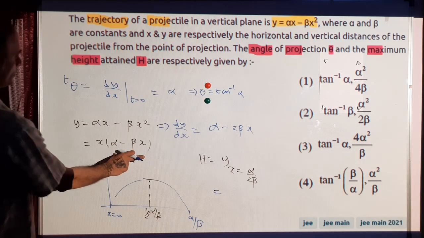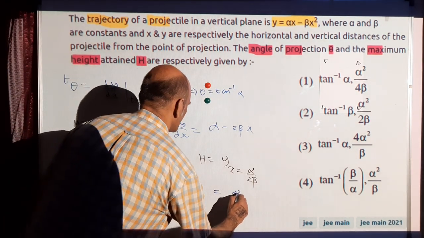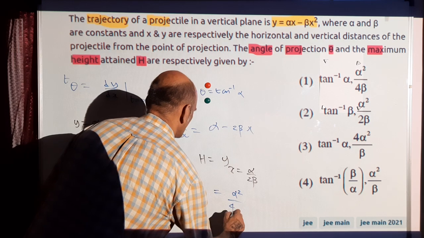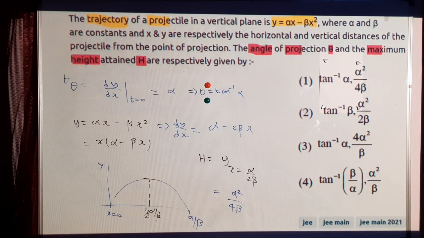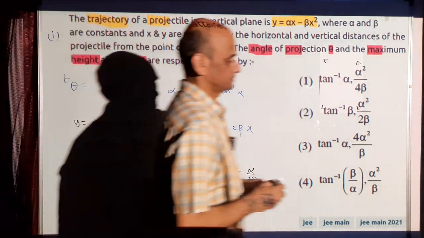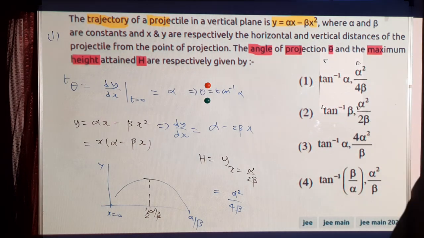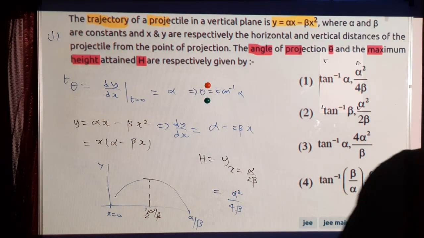So this will be alpha by 2, and here also there is 1. So tan inverse alpha and then alpha square by 4 beta, which is option 1. Option 1 is the correct answer.